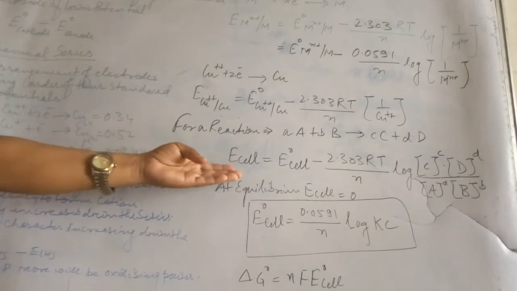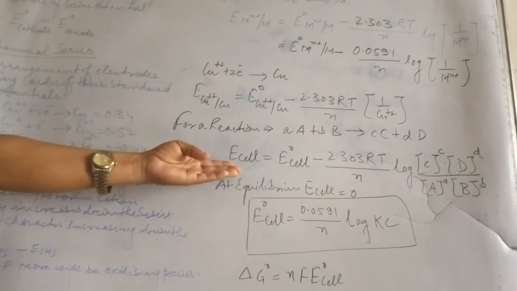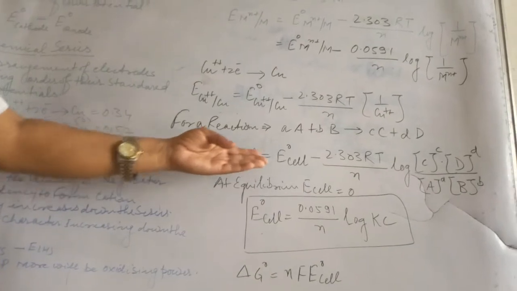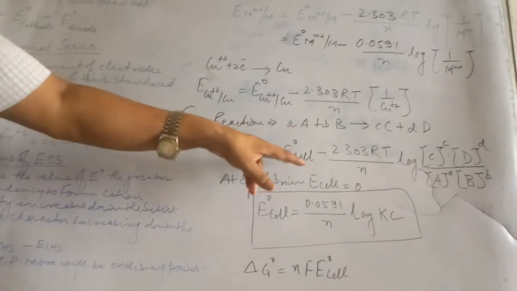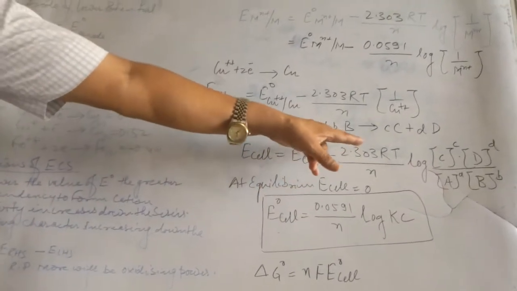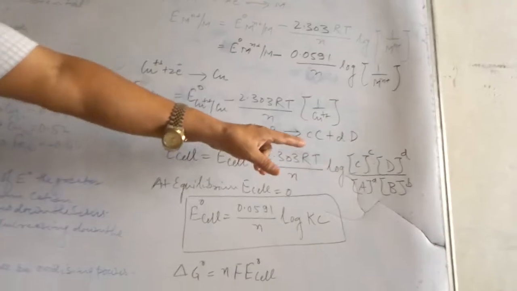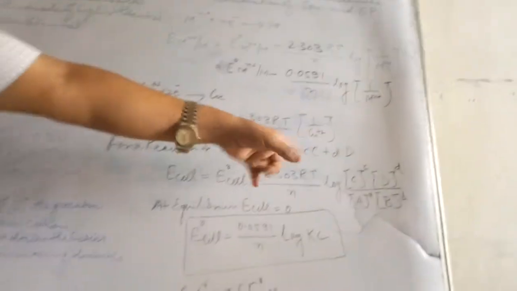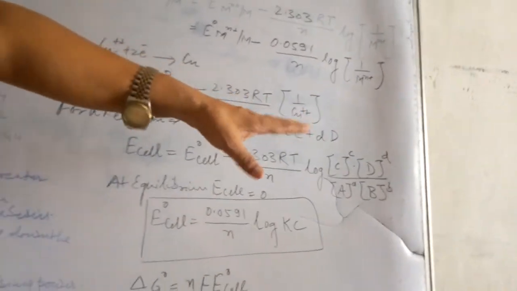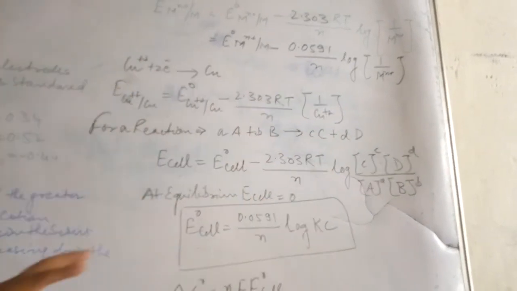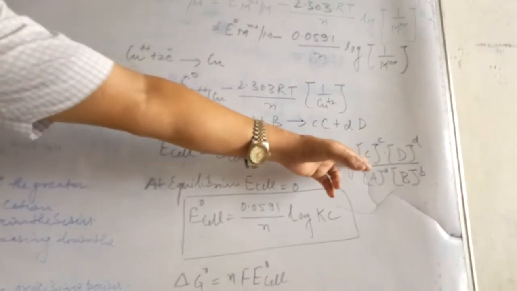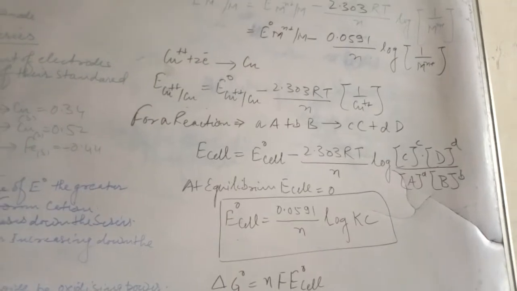The electromotive force of that cell equals the standard electrode potential of the cell, E naught cell, minus 2.303 RT upon n log of C raised to power c, D raised to power d upon A raised to power a, B raised to power b. Ultimately, this value is considered to be Kc.